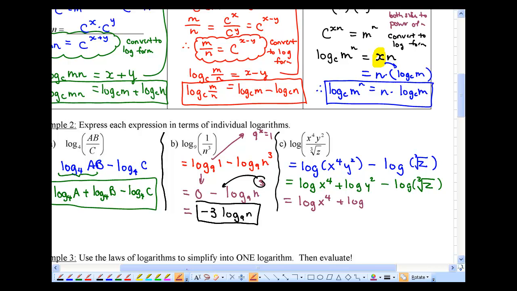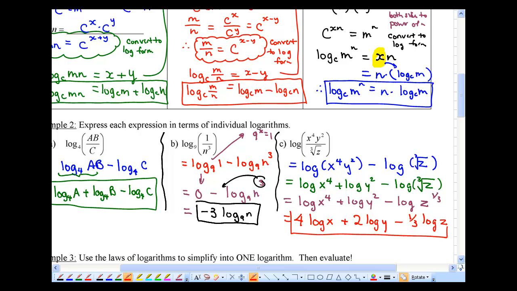I want to change it to a power. How about z to the power 1/3? And now we've got these powers. We can now rewrite them using the power law. We'll bring the exponents down. So 4 log x. You got 2 log y. And you got minus 1/3 of the log z. Done.